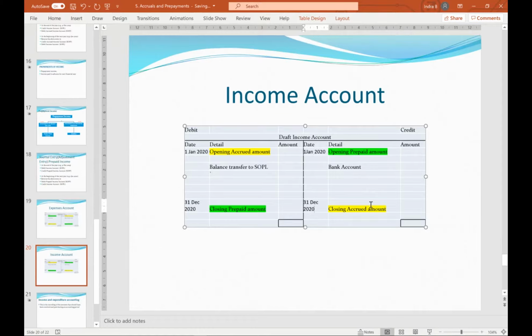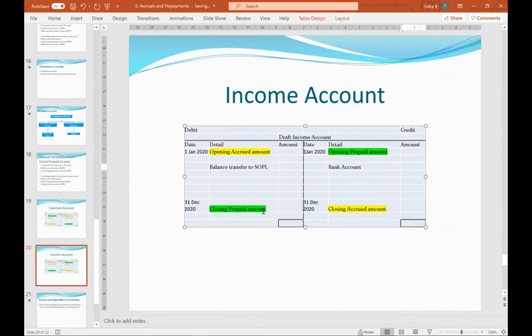Right, so this is the year we are looking for. And if the income is received, then we say bank account debit, income account credit. So this figure will be available there. And this will be the balancing figure, which will show how much figure should appear in the statement of profit or loss account. Right. And one of them will be there.